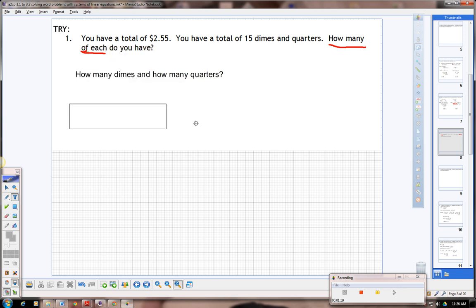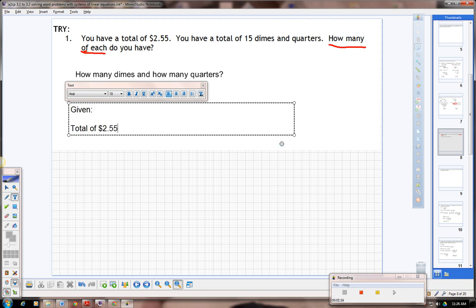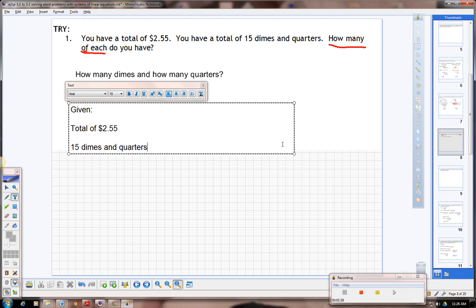Now we have this given information. So our given, we have two pieces of information here, which is a total of $2.55. And the other piece of information is that you have 15 dimes and quarters. Now, could we abbreviate that?